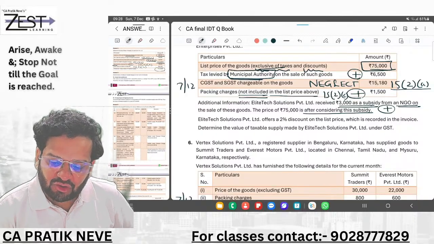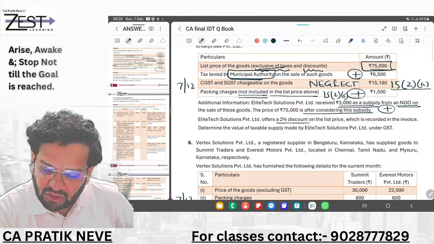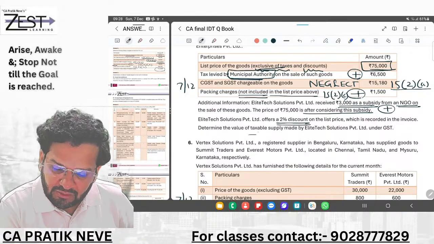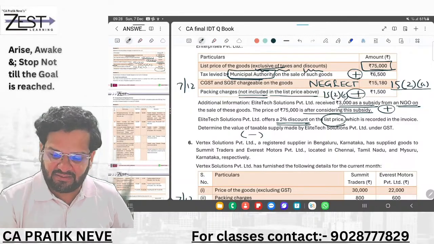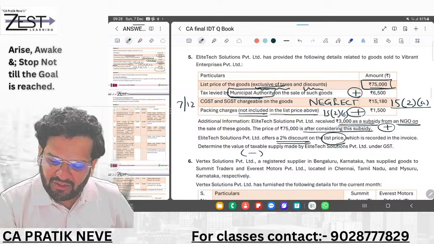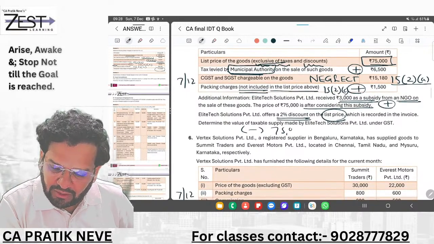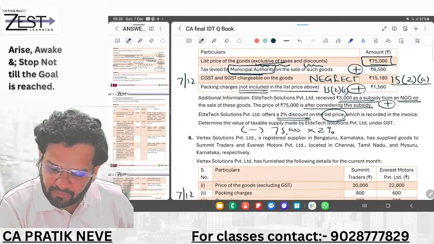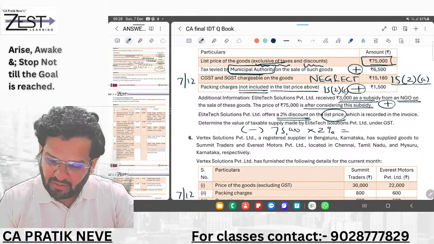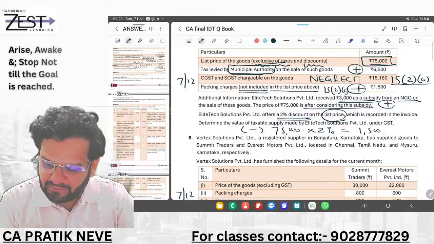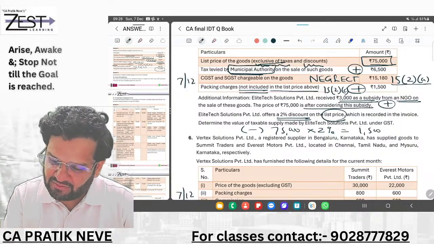Then Elite Tech Solutions Private Limited offers 2% discount. So subtract discount on the list price. So on 75,000, you calculate 2%. What is that? 1,500. You minus.